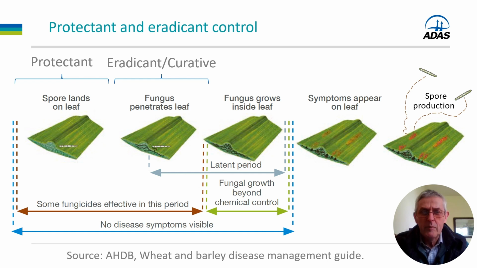And then once the fungus has penetrated into the leaf, if we have a systemic fungicide which is also able to penetrate into the leaf, we can have a period of eradicant or curative control. And it's important to note that when we talk about curative here, we're only talking about curing infections that are not yet visible. We can't control infections that have gone beyond that point.